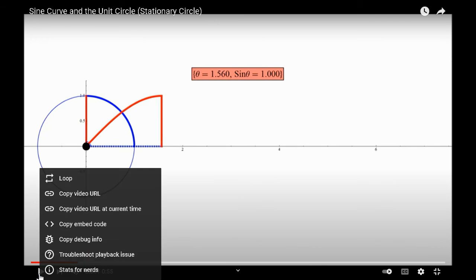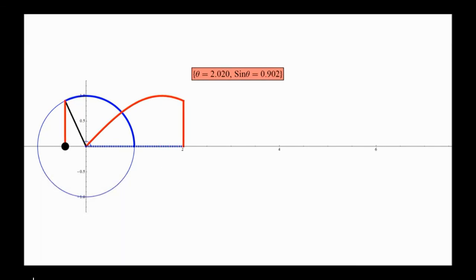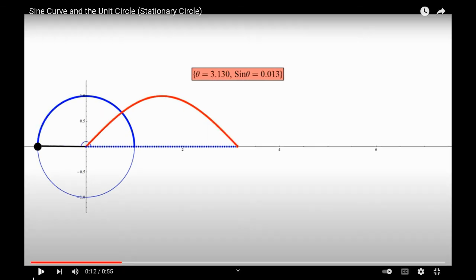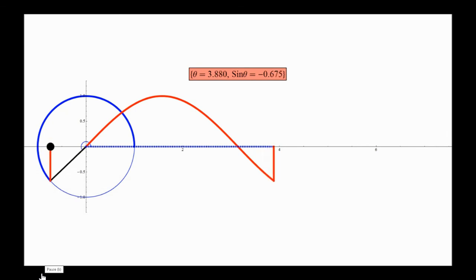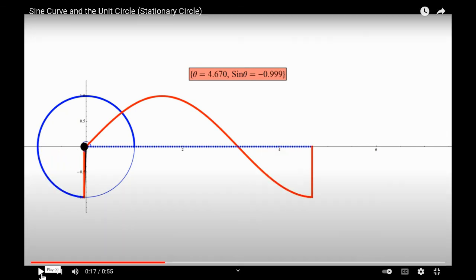Then as the triangle continues to move around the circle, it goes down, and then it's at 0, and then it's going down. Okay, that makes a lot more sense. So then cosine is the same thing.